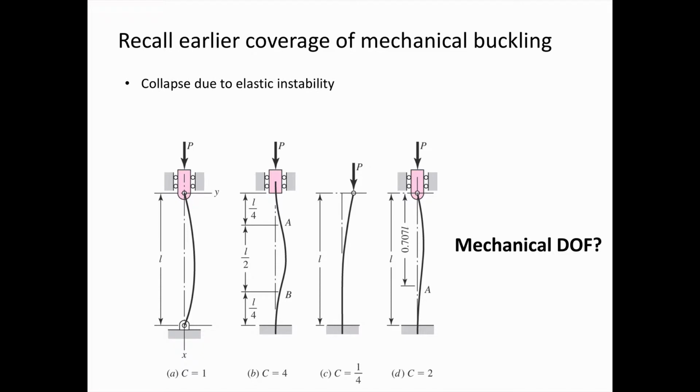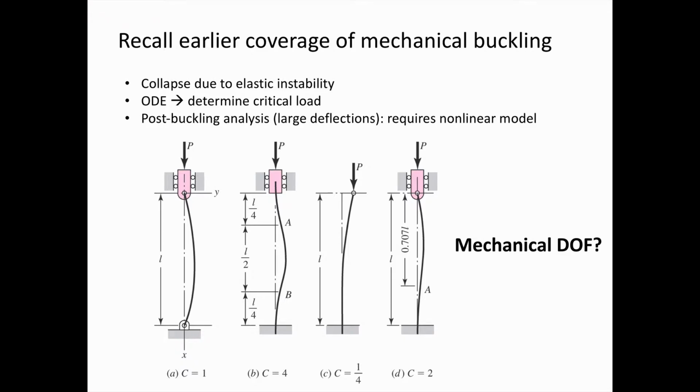And one of the main concepts we reviewed was this idea of collapse due to elastic instability as opposed to yield, which connects more to crystal slip or dislocation. So collapse can occur at force values much lower than would cause yield if there is elastic instability. We looked at an ordinary differential equation to determine the critical load that would cause collapse.